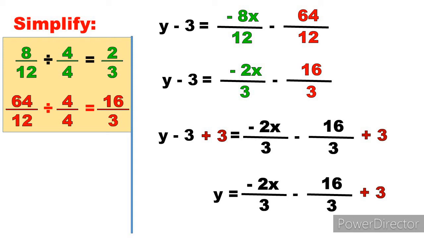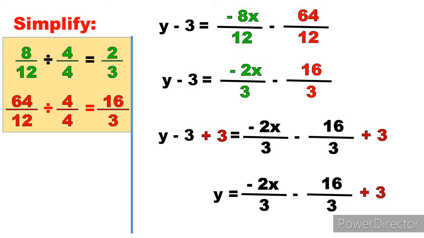Then next, we simplify 64 over 12. To simplify 64 over 12, kukunin natin ang GCF or the greatest common factor, which is 4. Okay, 64 divided by 4, the answer is 16. And 12 divided by 4 is 3. And then now we have the equivalent of 64 over 12 is 16 over 3.